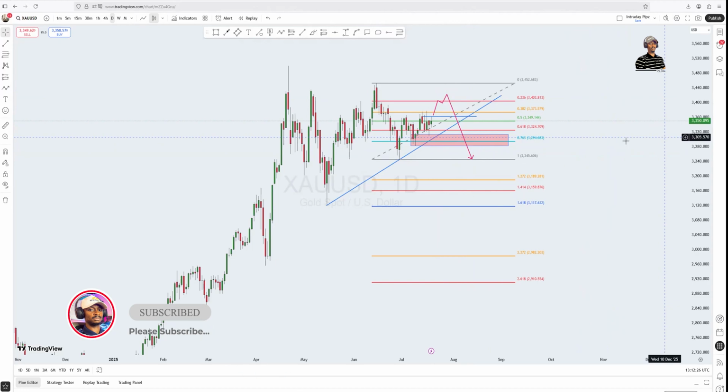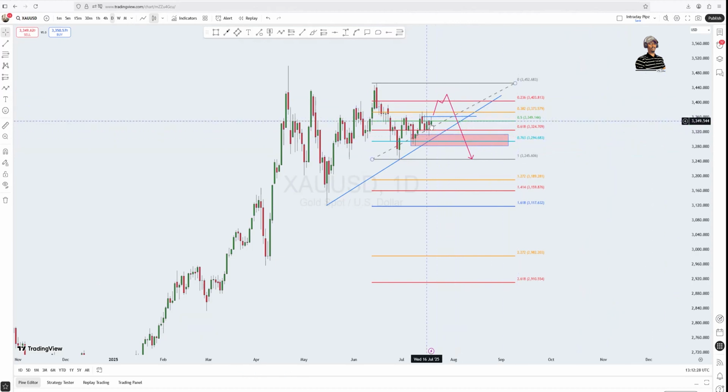So what happens if price gaps down? If there is a gap down, of course, I'm going to be looking forward to sell below the 61 fib level. From my trading approach, a close below the 61 fib level will confirm more bearish action. And of course, with that, I'll be looking forward to sell all the way towards the 3189 price level.